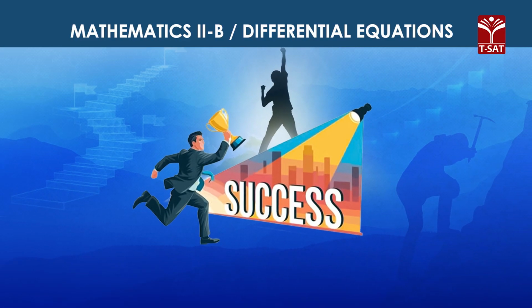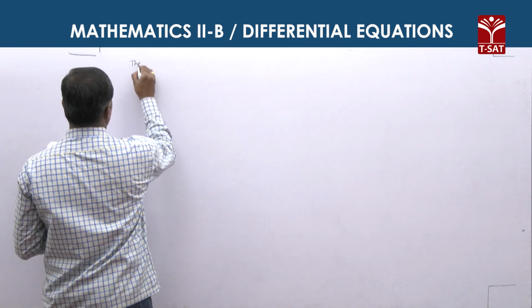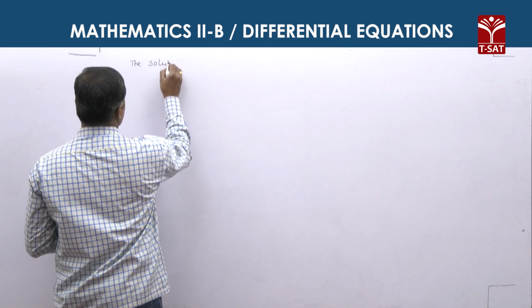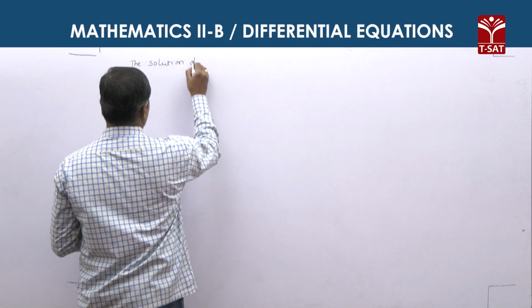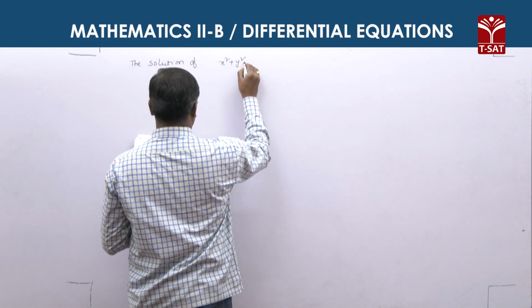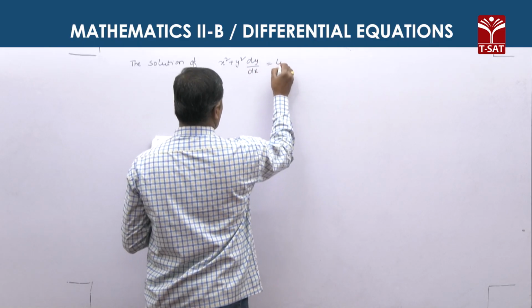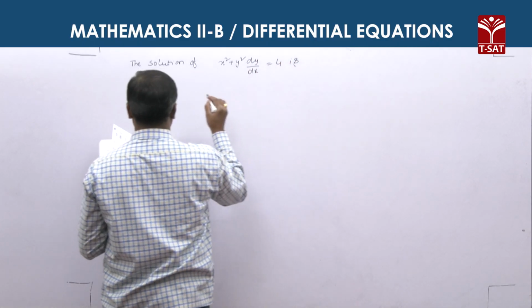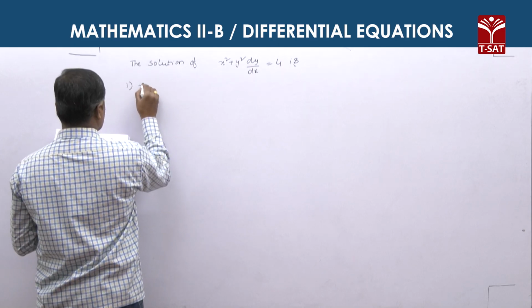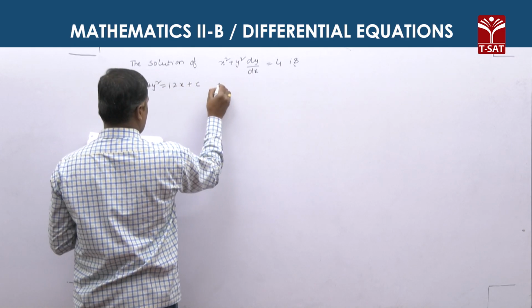Next problem, the solution of x square plus y square into dy by dx is equal to 4 is: first option, x square plus y square is equal to 12x plus c.